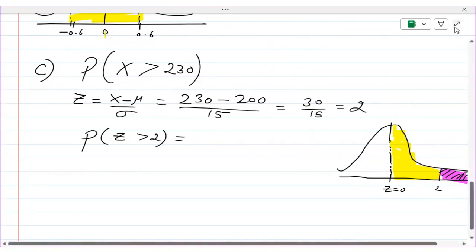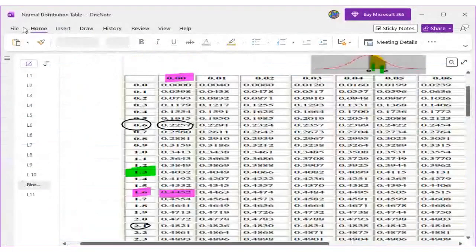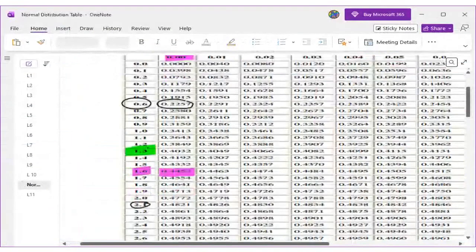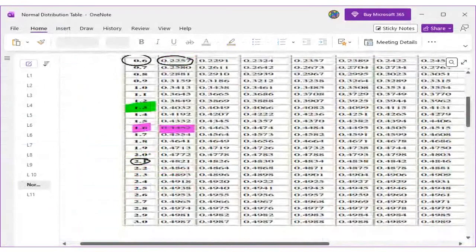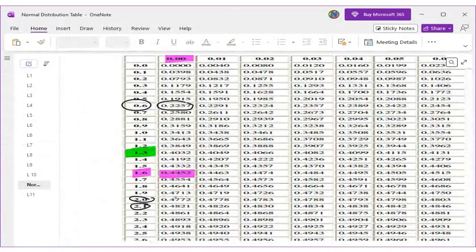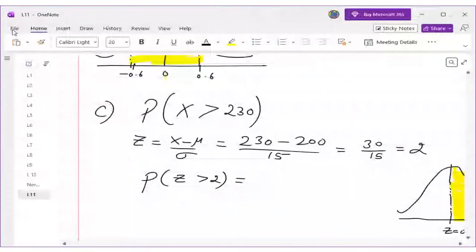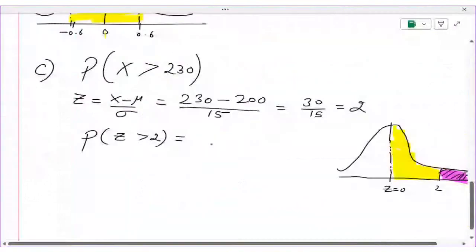Let me see from the table what is the value between 0 and 2. This is 2, and in the first row column we use 2.00. So it is 0.4772.